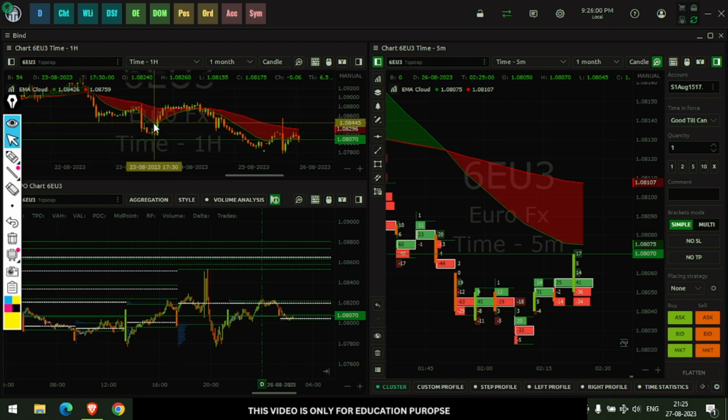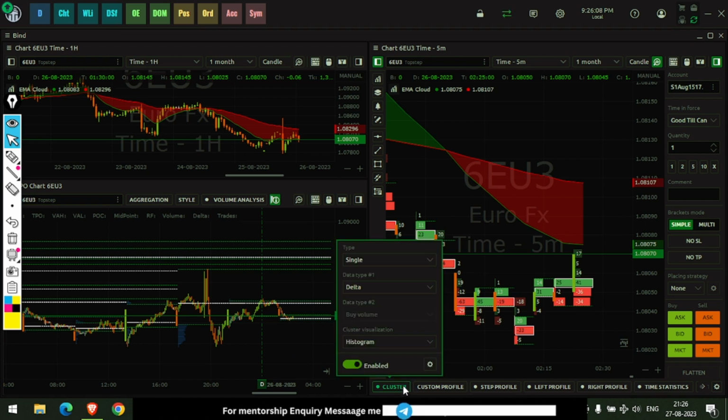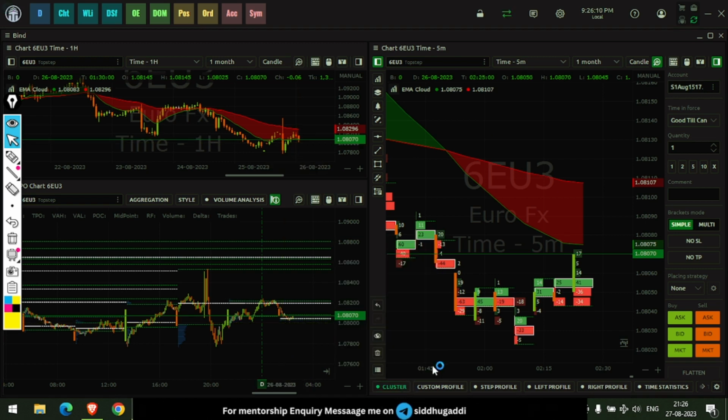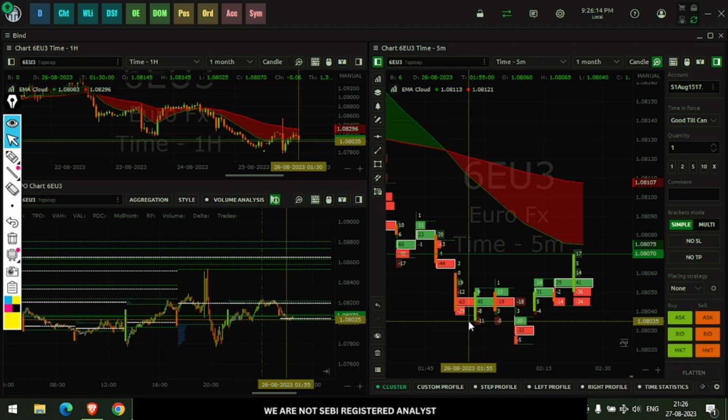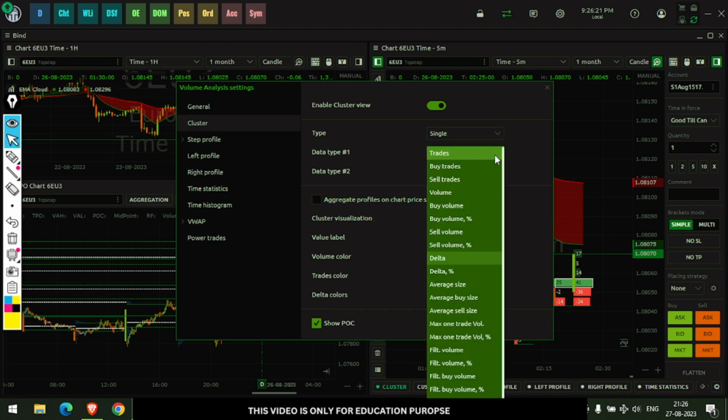So the second plus point is about the cluster chart. You can fetch plenty of data for analysis. So let's go to the settings. Let me show you what data you are really fetching here. Right now I'm using the single type and these are the options available. These are plenty of options, such as volumes, that you can fetch on the chart and make analysis.